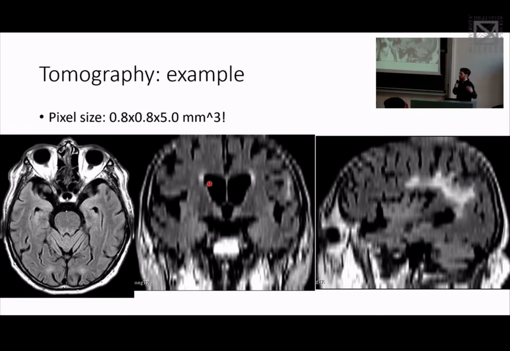While if you go in the other two directions, you can see that it's extremely blurred because the slices are 5 millimeter thick. So if they are 5 millimeter thick, you can see them pretty blurred due to the sampling theorem that we mentioned.